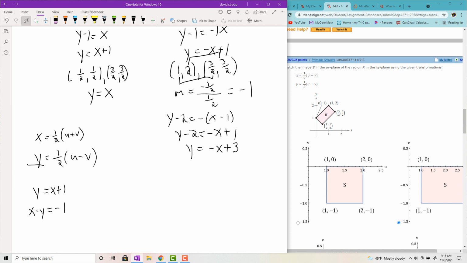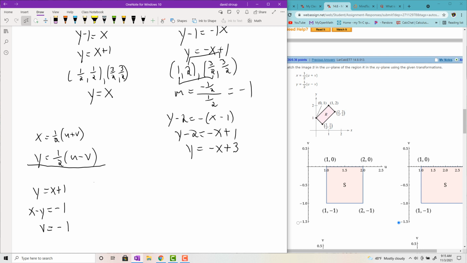Because x minus y, if you were to subtract these things, you can see how that's going to work out. It's going to be 1/2 u minus 1/2 u is 0, and then 1/2 v minus negative 1/2 v is going to be v, right? So x minus y is just going to end up being v, and that'll equal negative 1. Okay.